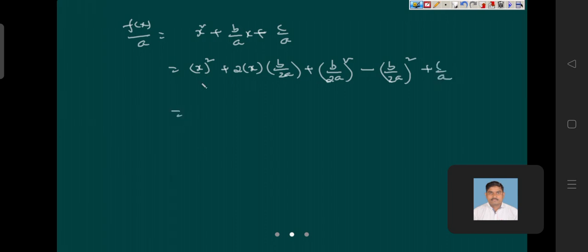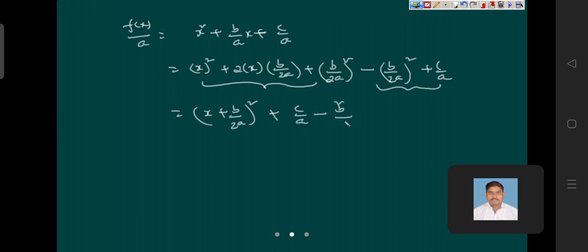Now look at the first three terms: x square plus 2 into x into b by 2a plus b by 2a whole square. It is in the form of a square plus 2ab plus b square, so simply you can write it as (x plus b by 2a) whole square. Plus the remaining two terms, c by a positive term minus b square by 4a square.